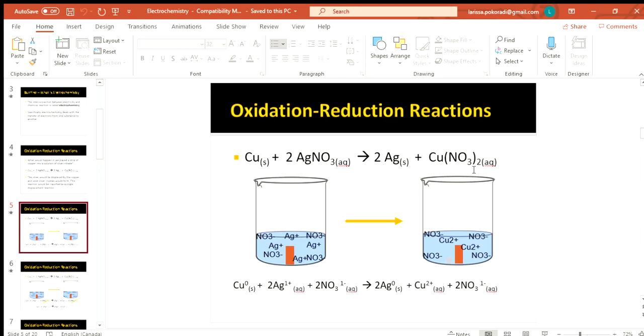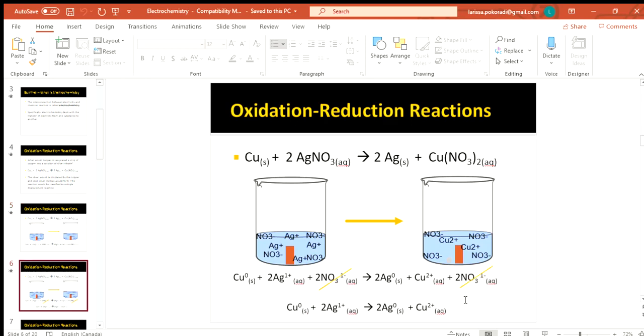So when we look at this, we can see that copper had a charge of 0. It was on its own and ended up becoming part of that unit with nitrate and has a charge. The opposite's true for silver. It started with a charge of 1+ and then ended up on its own, so it's a 0, it's neutral. But nothing ever happened to nitrate. There's 2 nitrates, it's always a 1- charge, and at the end there's also 2 nitrates, a 1- charge.